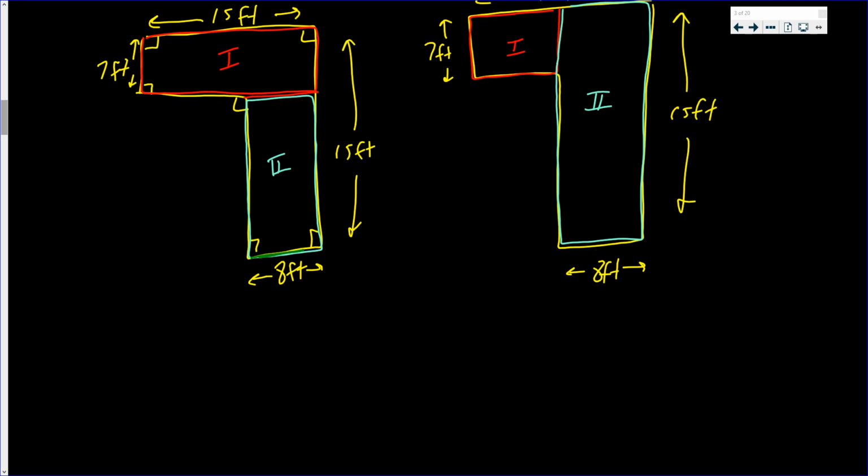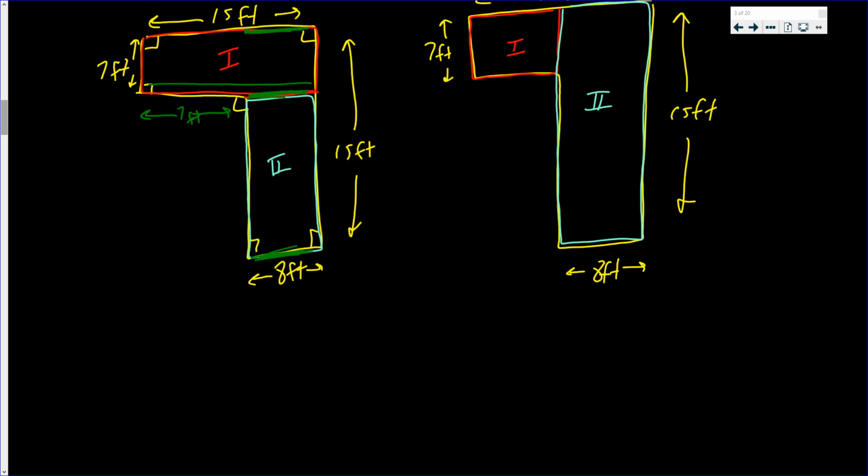Now, since this is 8 feet, I know that this piece is 8 feet. But I know that the whole thing is 15. So then this piece that isn't marked must be 7 feet, because 8 plus 7 gives us the 15.